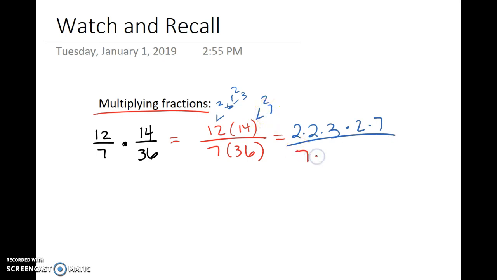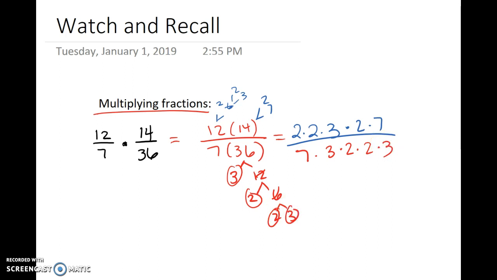It's a prime number. It can't be broken down. But 36 is 3 and 12, which is 2 and 6, and 2 and 3. So 36 is 3 times 2 times 2 times 3.